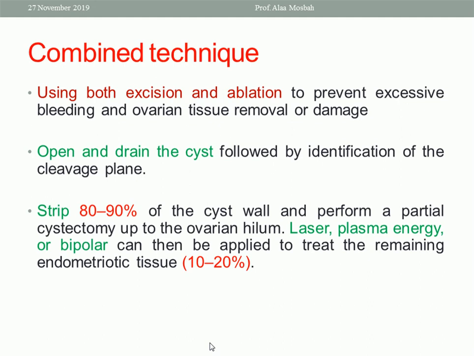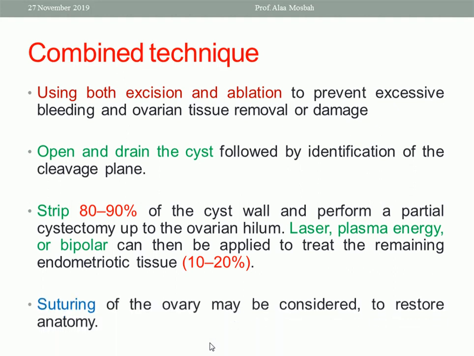Then laser or plasma energy or bipolar can be applied to treat the remaining endometriotic tissue in the remaining 10 to 20%. Suturing of the ovary may be considered to restore anatomy. In some cases, you may need it.